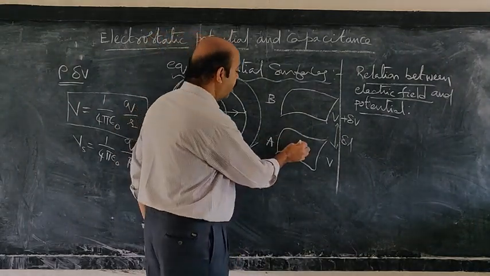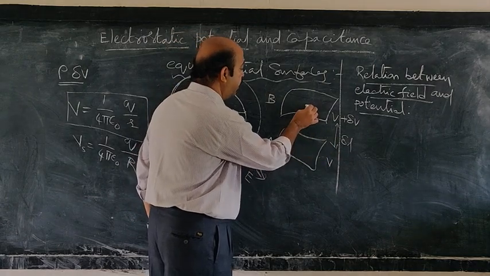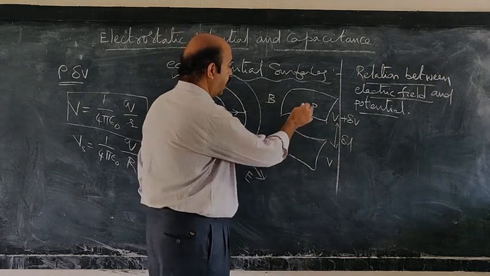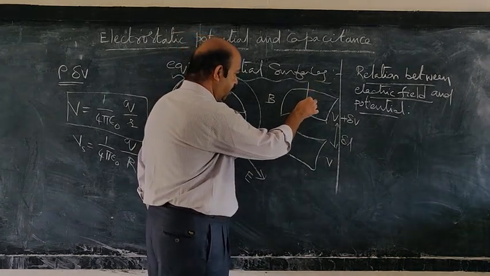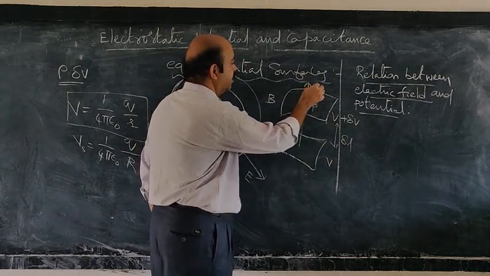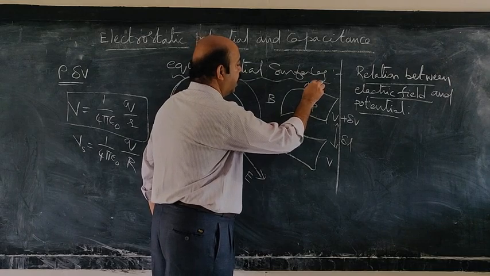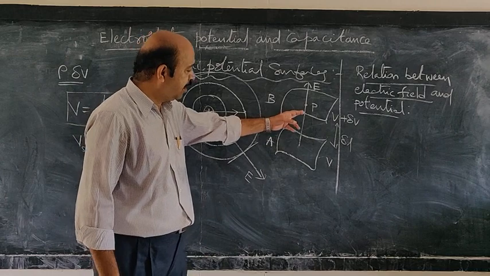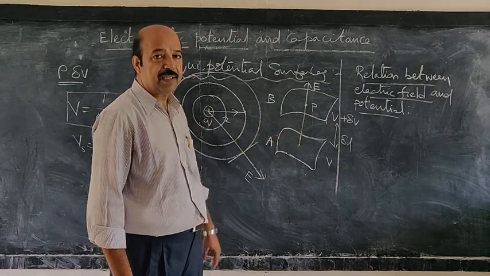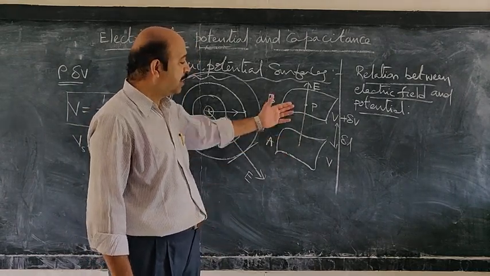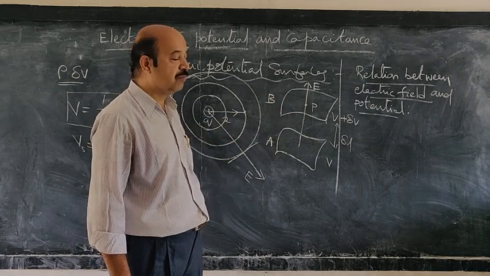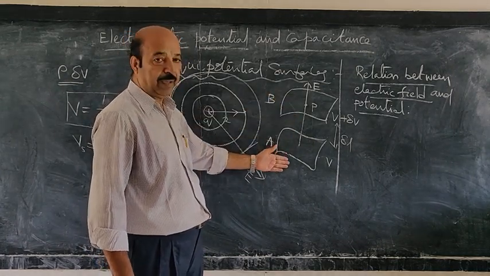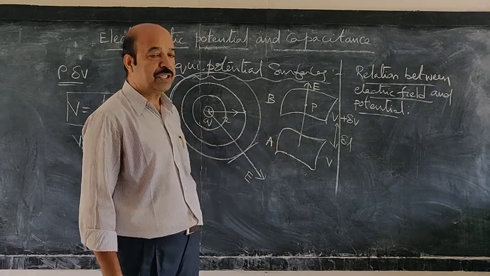Now consider a point P here on the surface B, and you know that the normal drawn to the surfaces gives the direction of the electric field. So the potential difference between the surfaces is equal to the work done in moving a unit positive charge from the surface B to A. So that gives the potential difference.